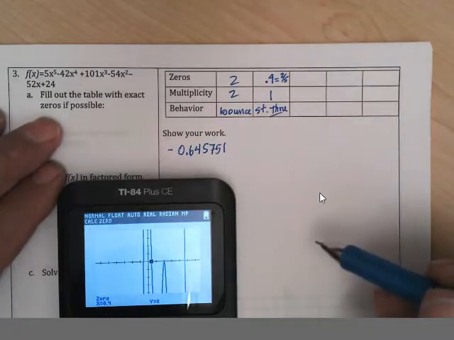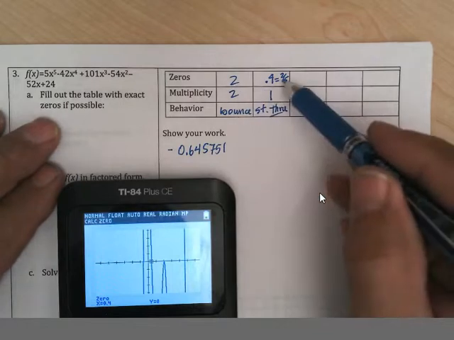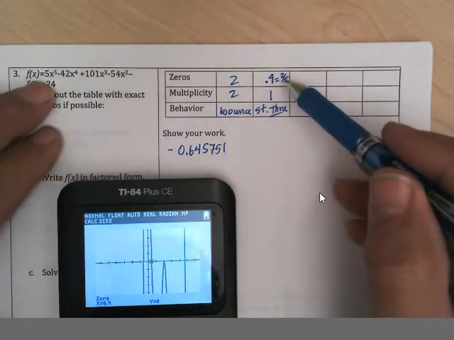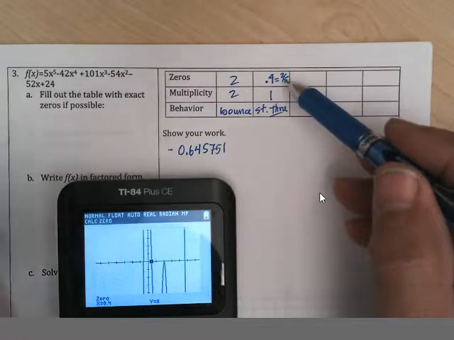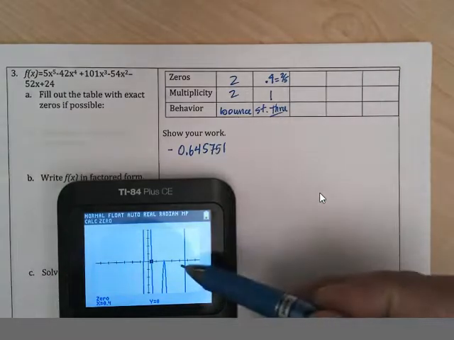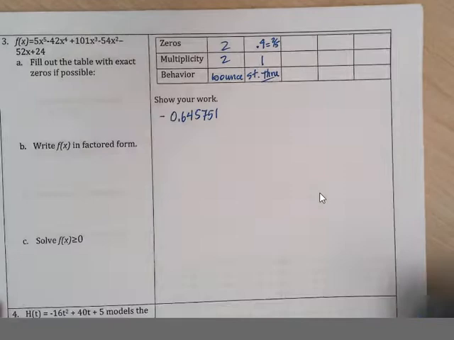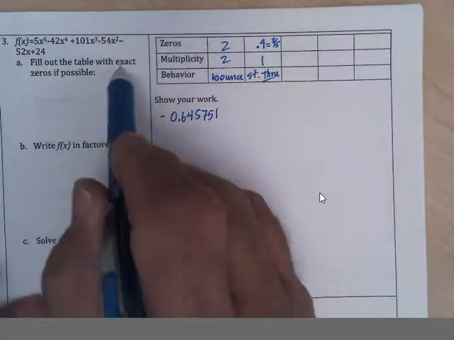Okay. So we have 1, 2, 3 of them out of a degree 5. If we do synthetic division, we'll get it down to a quadratic, and we can find these other 2 using the quadratic formula and get them exact, because they want exact.